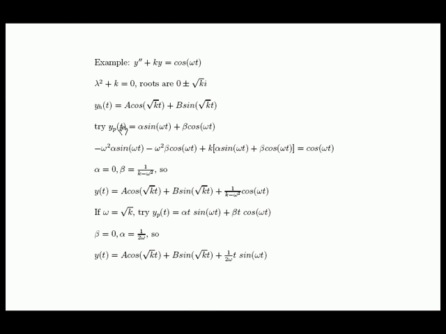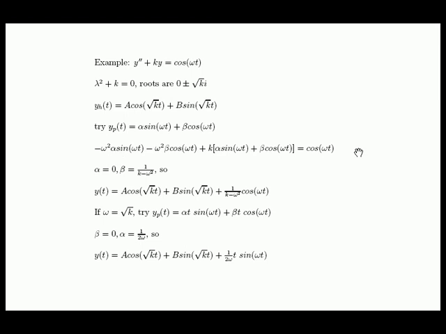Now the particular solution. The right-hand side is cosine omega t, so you try alpha sine omega t plus beta cosine of omega t. Plug that into the differential equation. Take the second derivative: you get a power of omega for each derivative and a minus after 2 derivatives. Then plus k times y. That has to equal cosine of omega t. Get the sine of omega t's together, and you've got k minus omega squared times alpha.